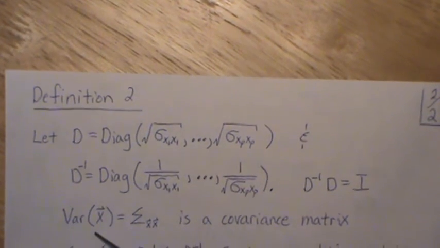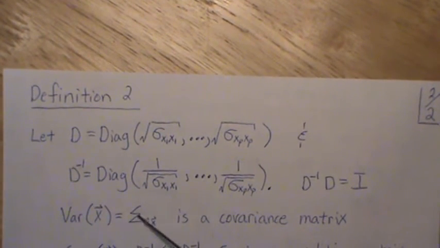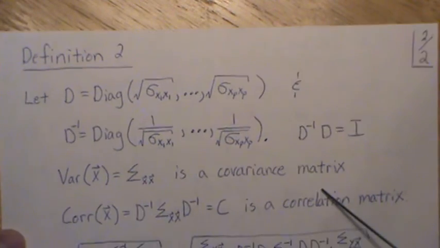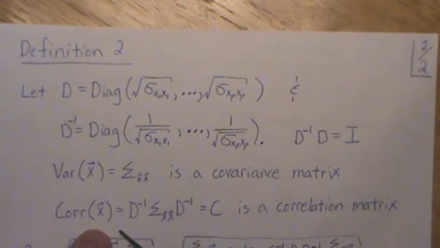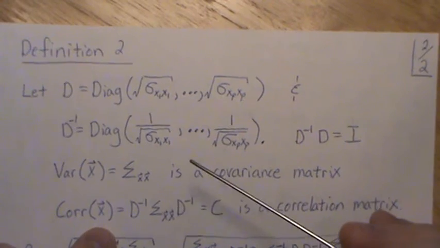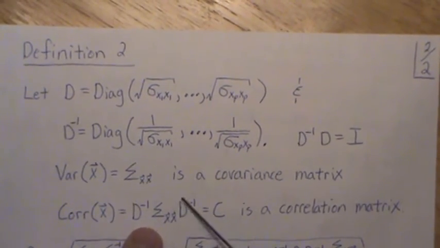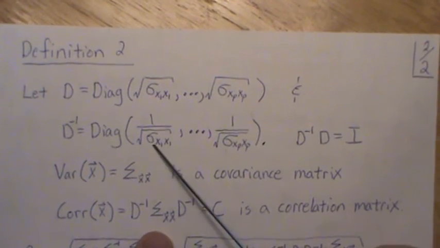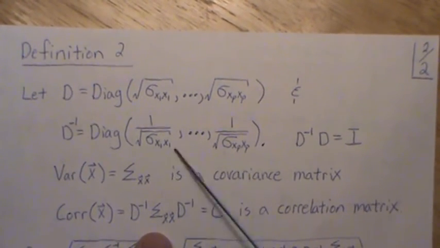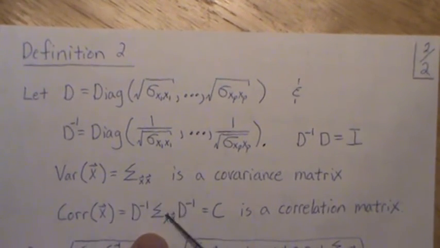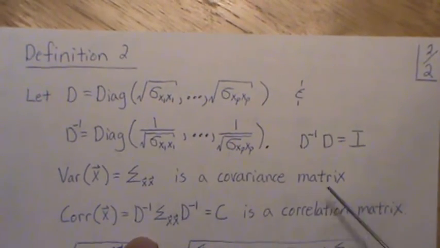Now, as a reminder, the variance of x is the covariance matrix, p by p. Now, correlation is covariance divided by the product of the standard deviations. So if you take this multiplication, we end up dividing the covariances by the respective standard deviations, and this ends up being what's called a correlation matrix.